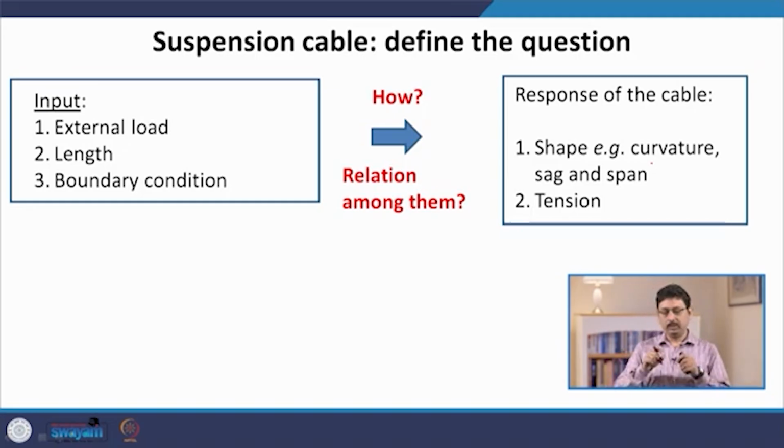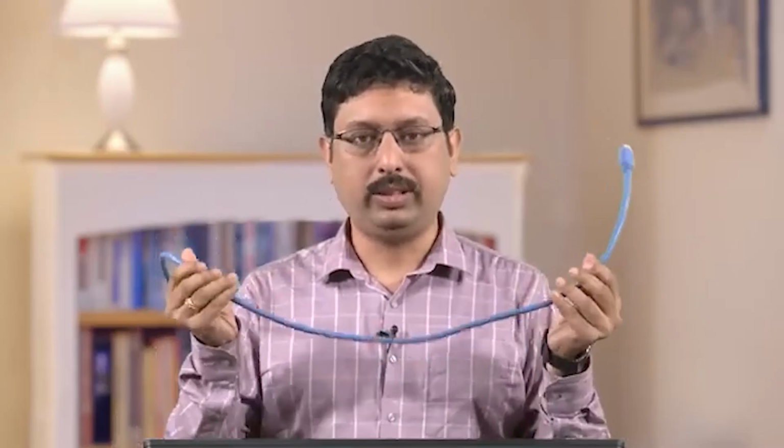So, imagine that you have a cable which is hanging between two ends, such as, for example, let us say this is a cable which is hanging between two supports, which are fixed. Now, what we know are the external forces.